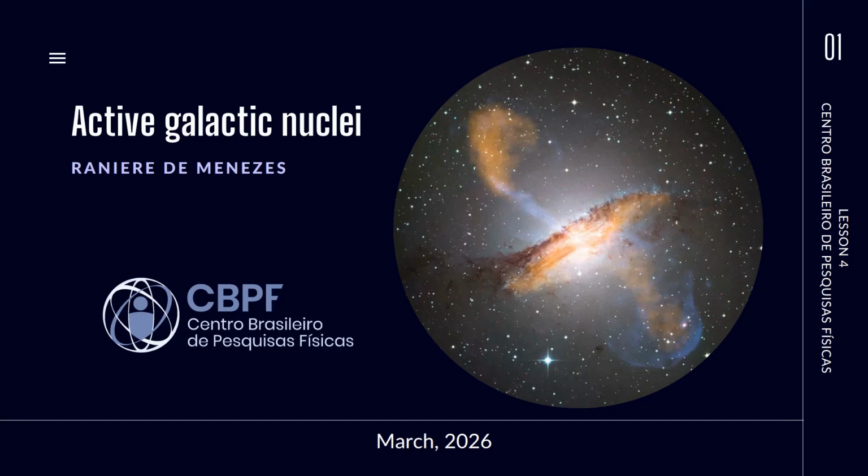A particle of the cloud here is being pushed in the direction of the black hole or the star, the central mass. It's being pushed in this direction, and we can decompose this force into the x component and the y component.